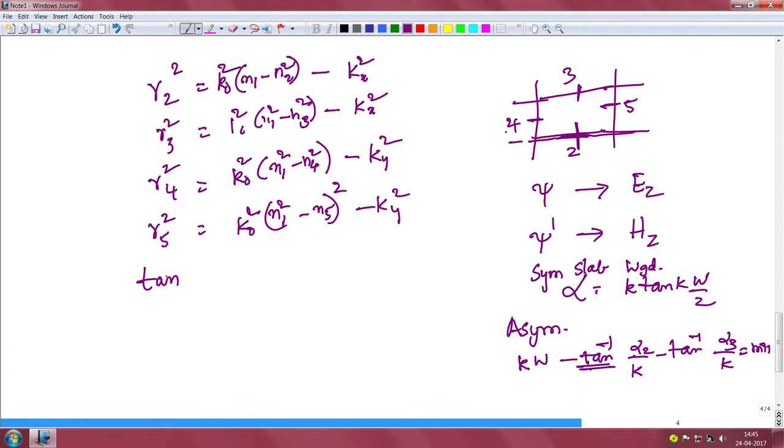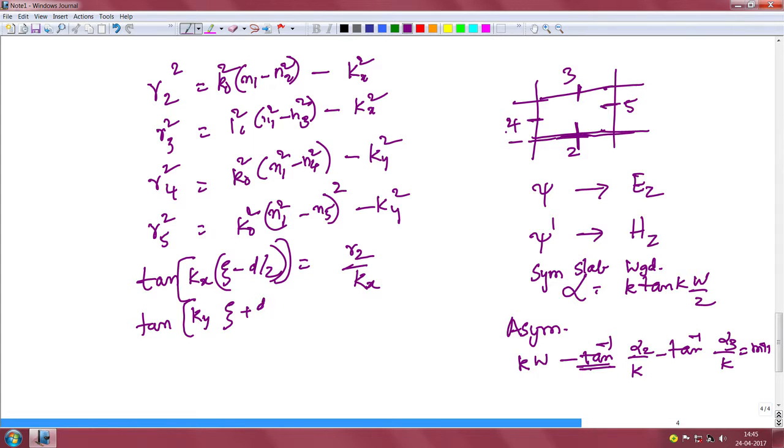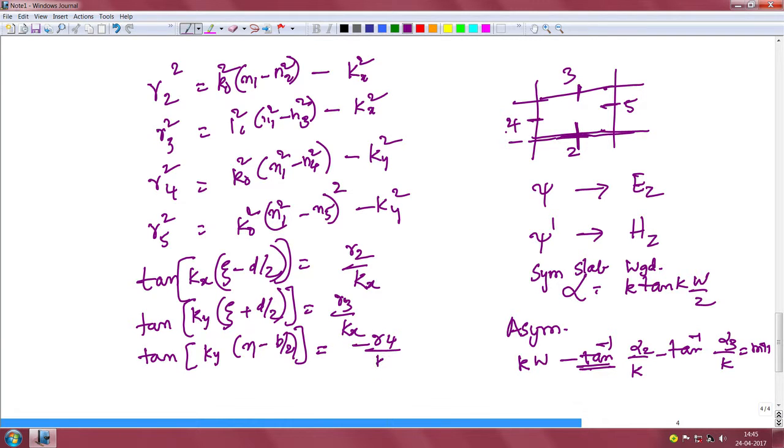I am using only a scalar approximation. kx into xi minus d by 2 is related to gamma 2 by kx, and tan of ky into xi plus d by 2 is gamma 3 by kx, and tan ky eta minus b by 2 is minus gamma 4 by ky, and tan ky into eta plus b by 2 equals gamma 5 by ky.